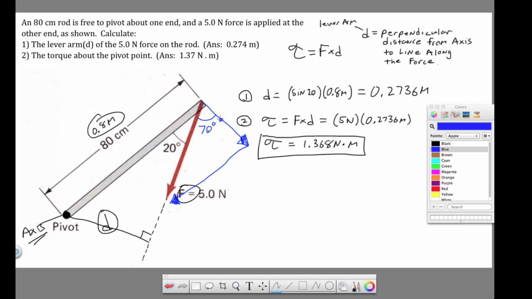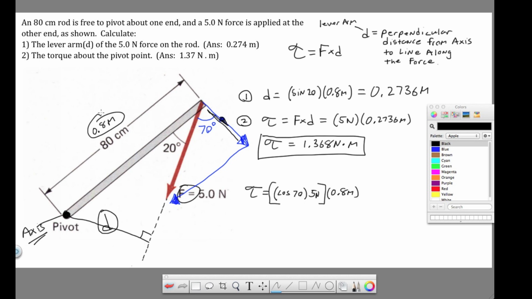This component here that I'm putting a dot on is perpendicular to the rod. So an alternate way to find torque is we could take this component, that's perpendicular to the rod, so it is cosine 70 times 5 newtons, and then just multiply by 0.8 meters, which is the length of the rod.